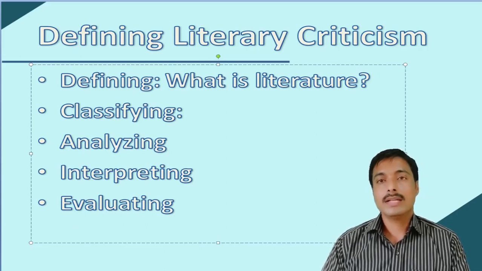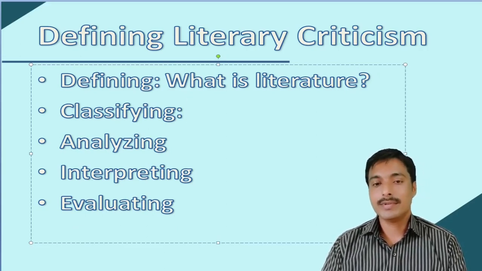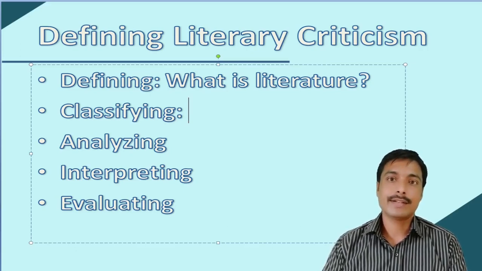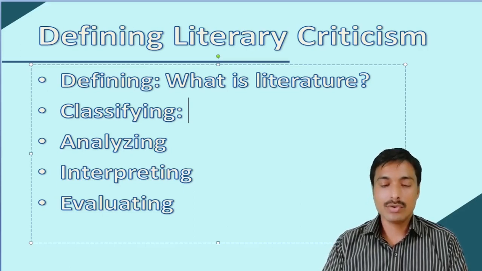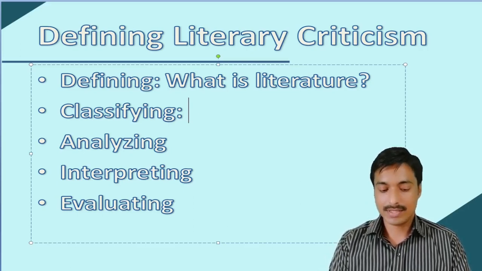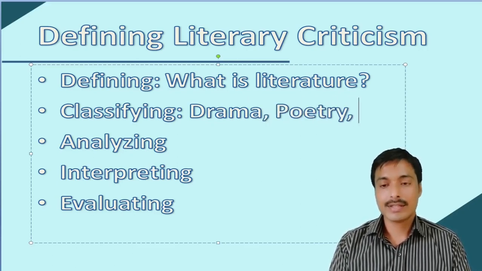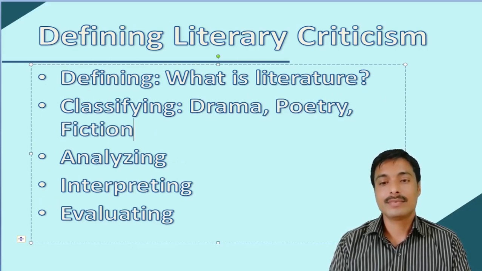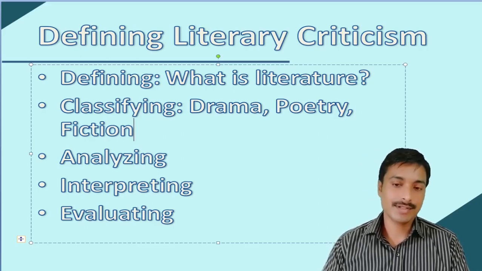Then the next area of activity is classification of literature. So after defining literature, it goes into classification of literature. And we have drama, poetry, fiction, and so on. Different types of literature, different genres and subgenres of literature.